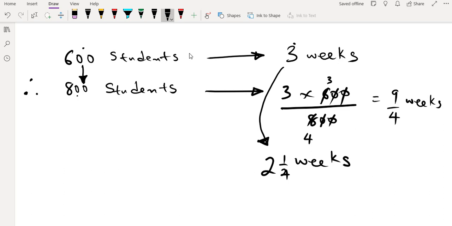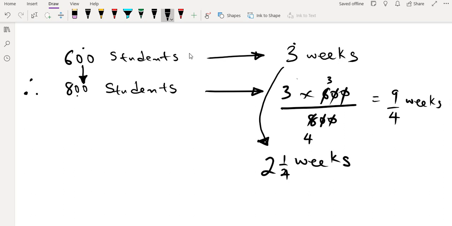It cannot last 3 weeks, is it not? So increasing the students decreases the number of days the food will last. Increase here, decrease here. That is indirect proportion. But when increase here, increase here, or decrease here, decrease here, that's direct proportion. Do you understand?